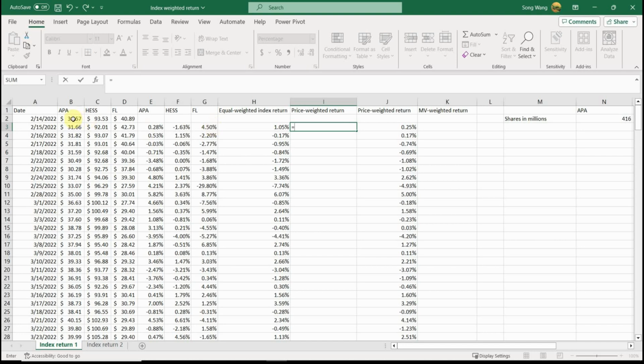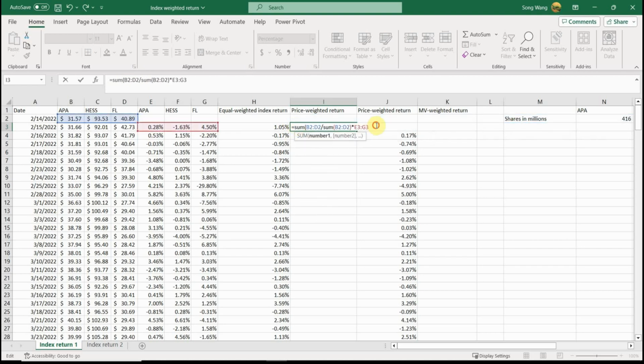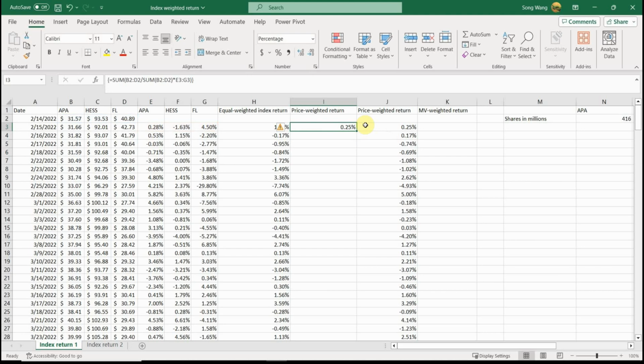I will use each of the prices divided by the total price in the same day, and then multiplied by each of the returns in the current day. So you're going to have 3 products, and you're going to add them up. You use the SUMPRODUCT function to add them up, and then do Control-Shift-Down, Control-Shift-Enter to finish up.